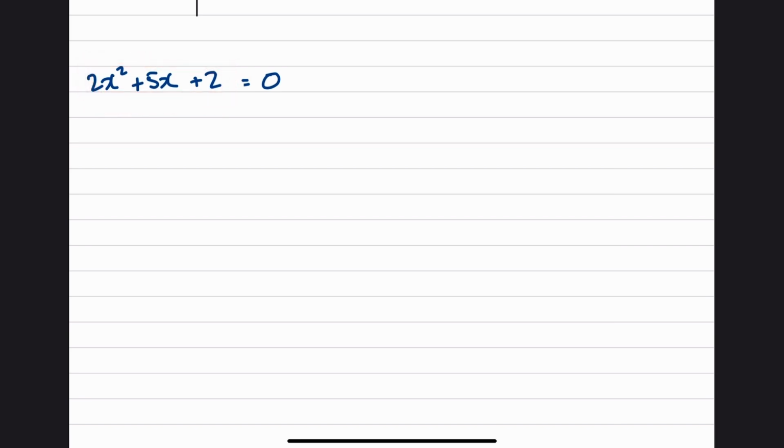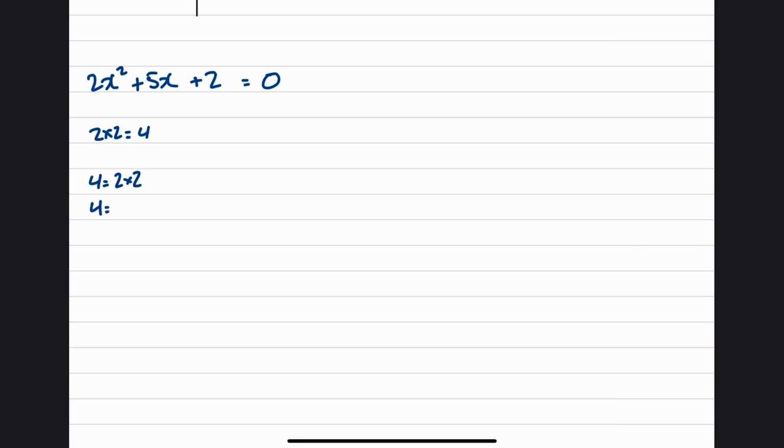Now for middle term breaking we obviously need to multiply the a term and the c term. So the a and c term multiplied is 2 times 2. So 2 times 2 is 4. Then we look for factors of 4 which add or subtract to give us 5. So let's see, 4 equals 2 times 2. 2 and 2 can never add or subtract to give us 5.